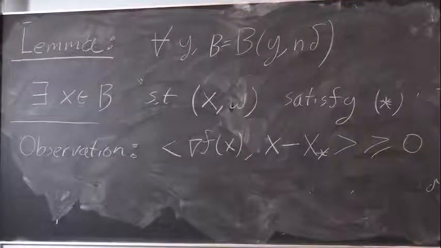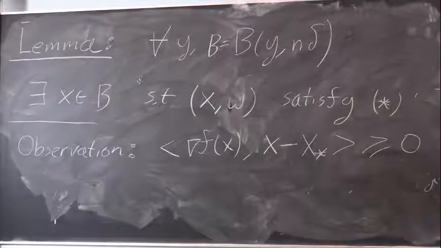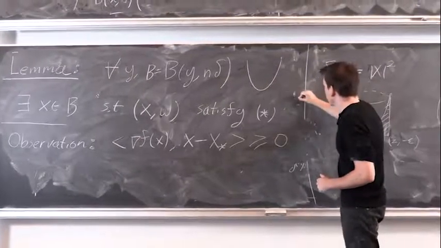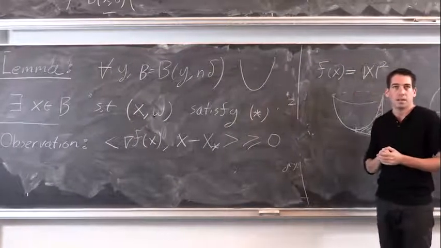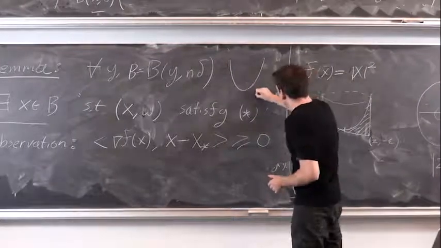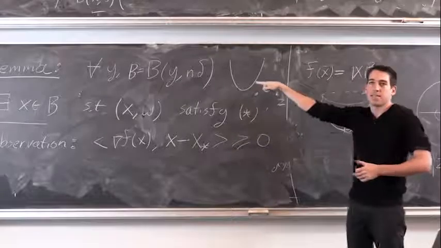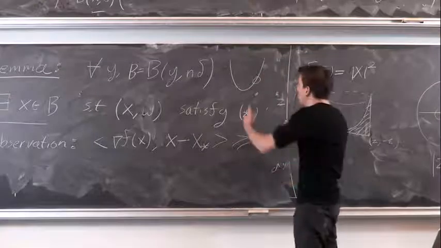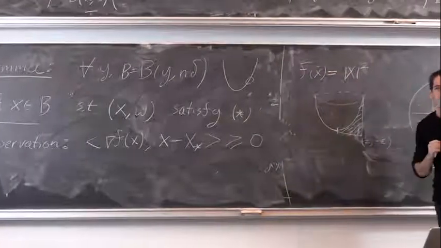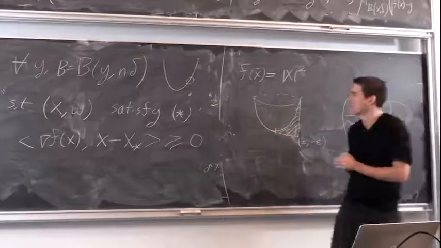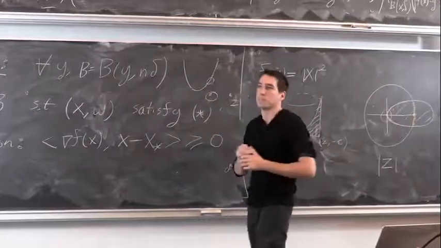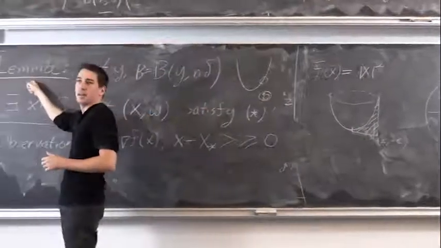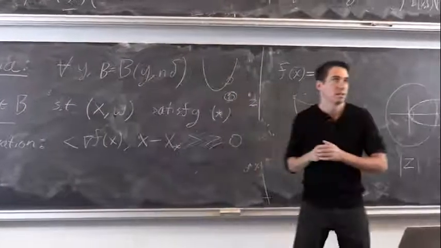And why does this help me? It helps me because if this is f, and I look at some z, which is here, if I take a point x, which goes in the same direction as z, then the gradient of f at this point is positively correlated with z, right? Which means that I can take this ball, find inside it a smaller ball using this lemma that satisfies star.